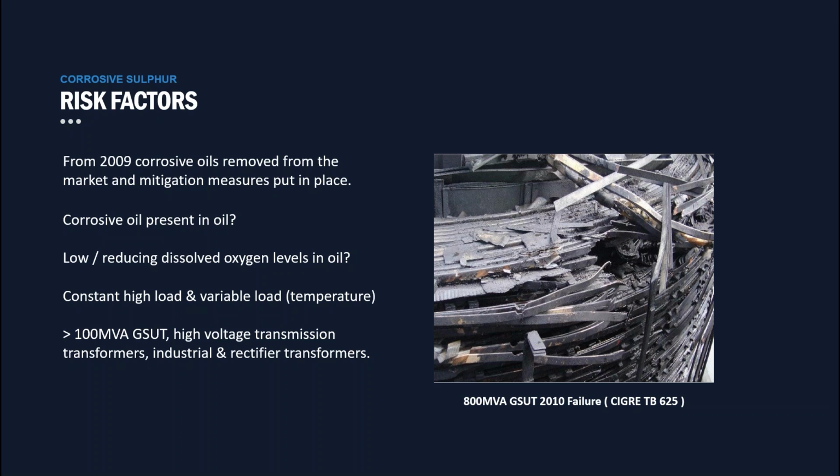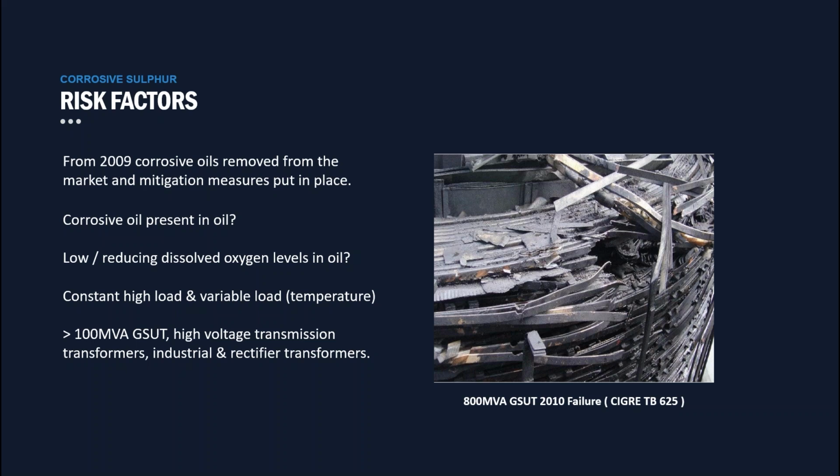Then look at the dissolved oxygen levels in the oil. So at normal transformer operating temperatures, copper sulfide formation is higher in a low oxygen environment, such as in a sealed transformer or a free-breathing asset with a bladder in the conservator. At higher operating temperatures, which could be during overload conditions, copper sulfide formation can occur in both low and high oxygen levels, but deposition on the paper at these higher temperatures is more prevalent in a high oxygen environment.